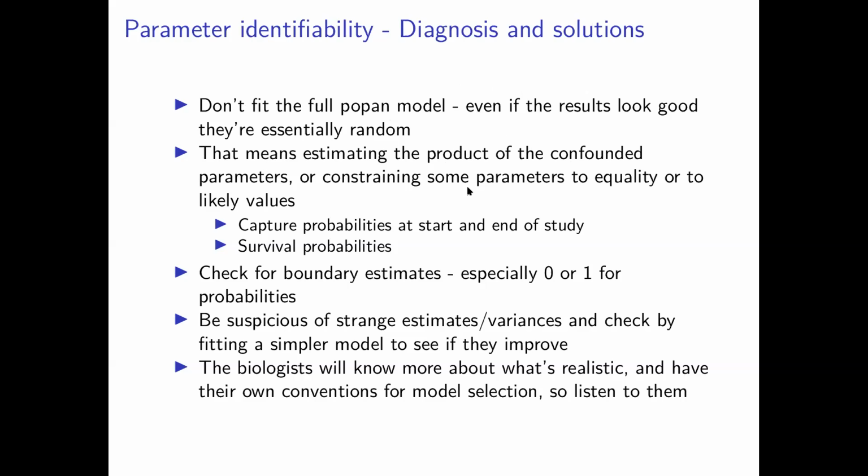Or you can constrain some of the parameters to be equal or to specific values if you think that you know some likely values for those parameters. So as James mentioned in lecture 3, you can constrain capture probabilities at the start or at the end of the study to be equal if you think that those studies probably had similar capture probabilities.